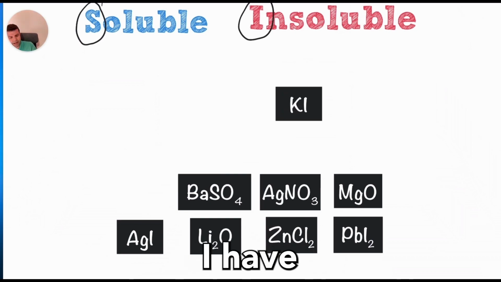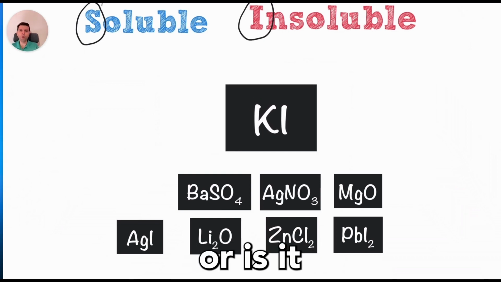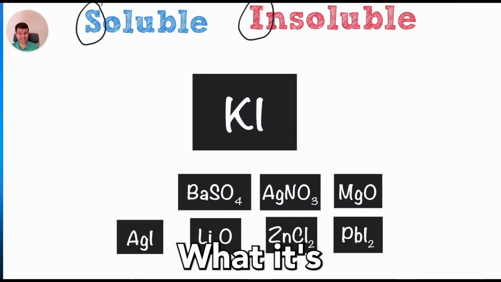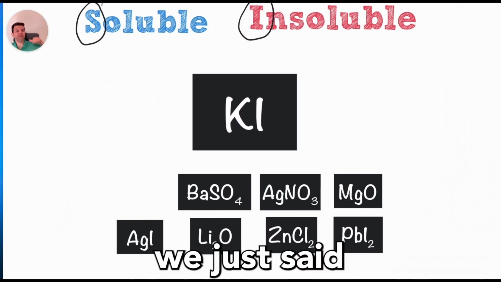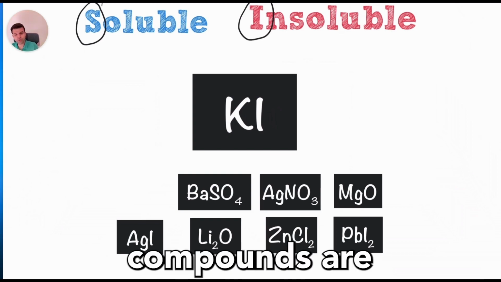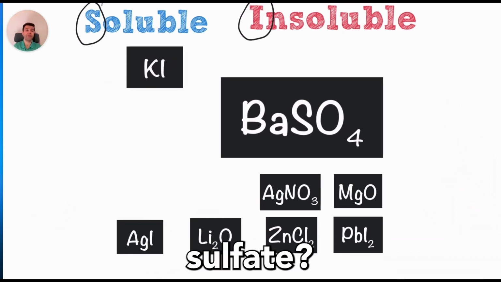So I have potassium iodide. Is this soluble or insoluble? It's a group 1 compound, right? You remember what we just said about group 1 compounds? They are soluble. What if it was barium sulfate?